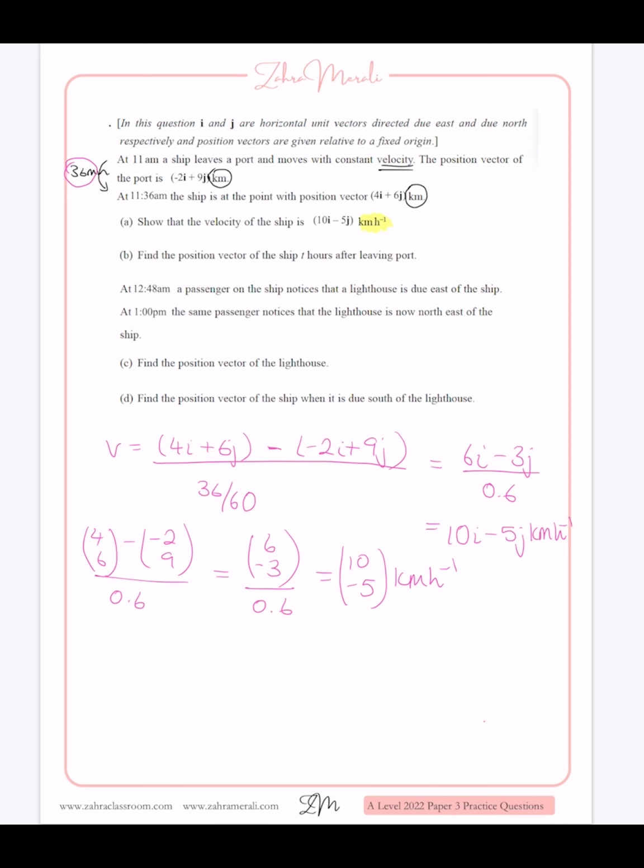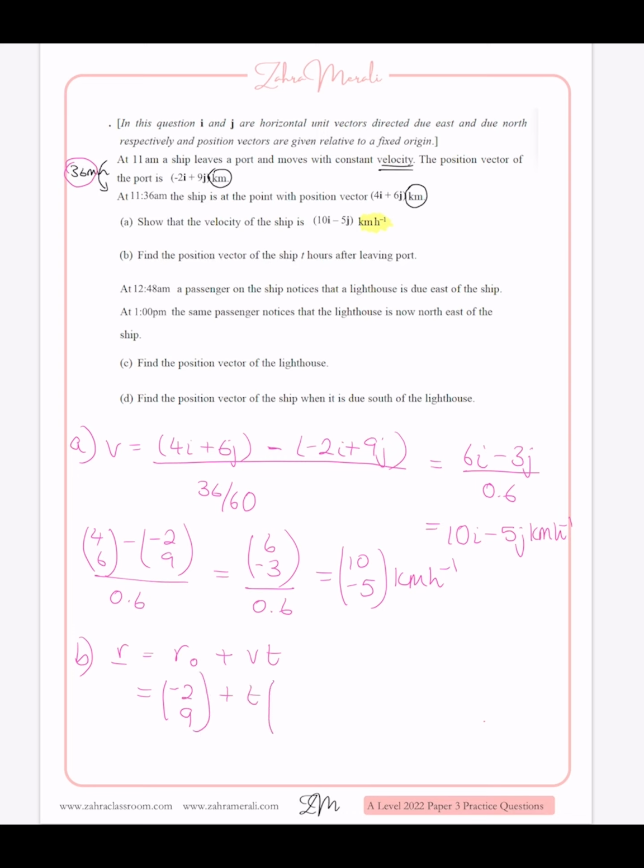Okay, so part B. We're looking for a position vector. What we want is an expression which tells us no matter where the ship is, how many hours it's been, we can plug t in and find the coordinates. You might have seen it written like this: r0 plus vt. r0 is essentially where we started, which is minus 2, 9.